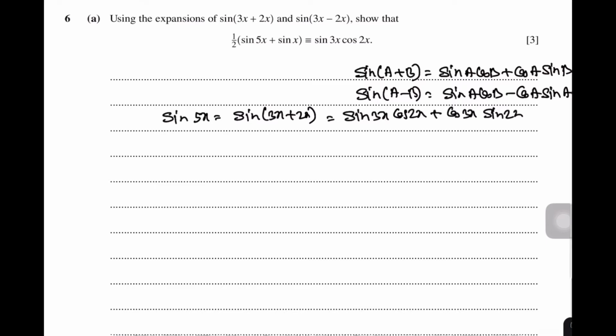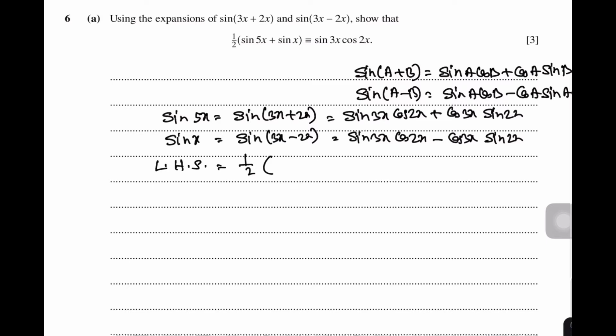Similarly, sin x, that means sin (3x minus 2x), equals sin 3x cos 2x minus cos 3x sin 2x. The left hand side equals half of (sin 5x plus sin x).